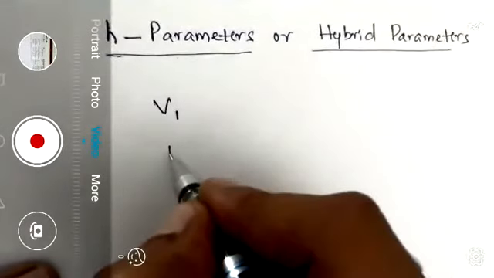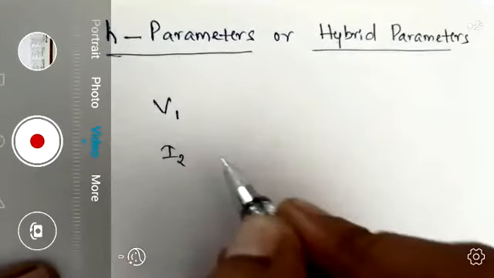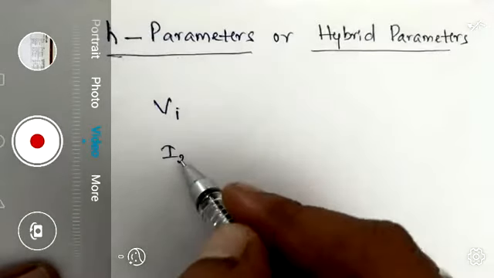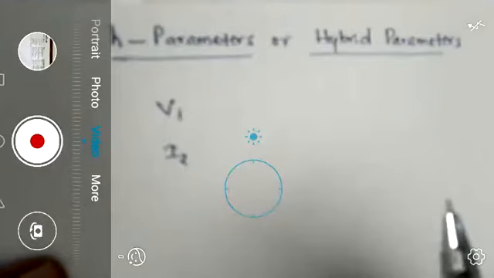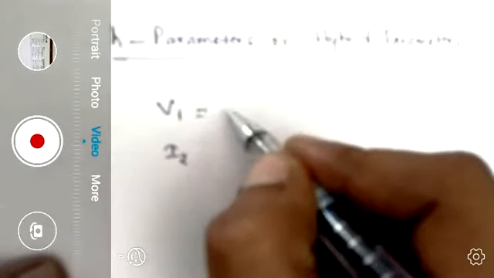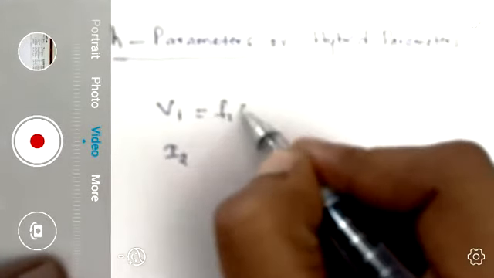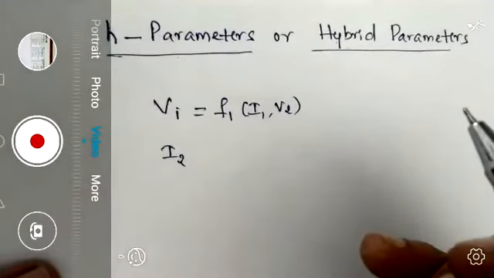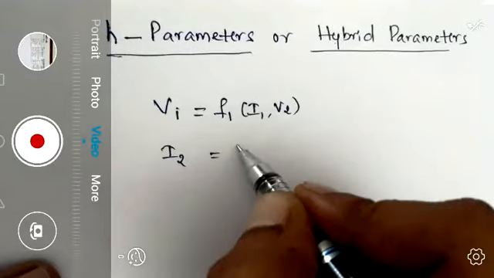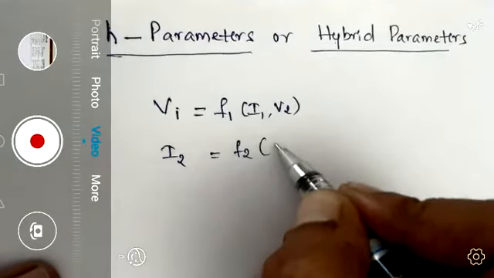These two dependent variables, V1 and I2, we are going to express as a function of the independent variables I1 and V2.